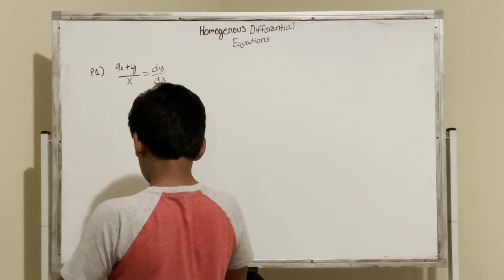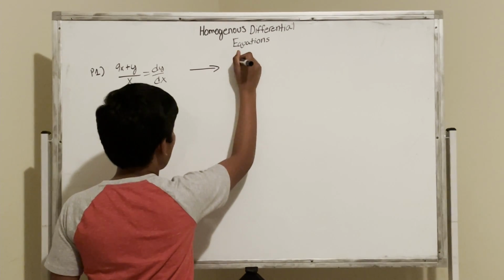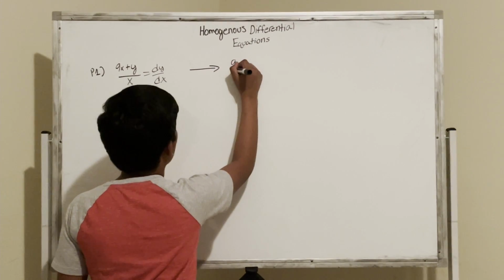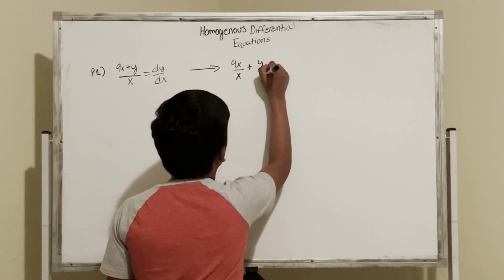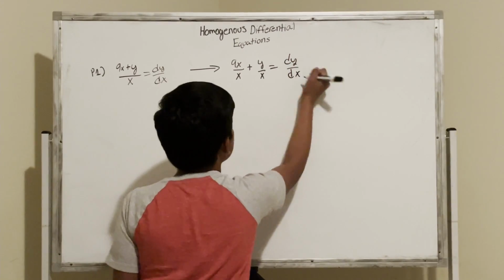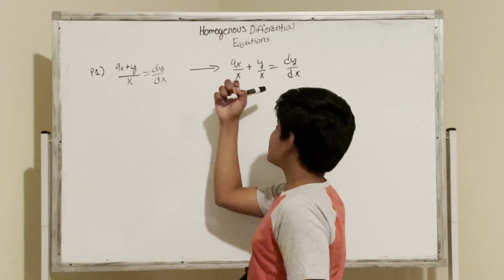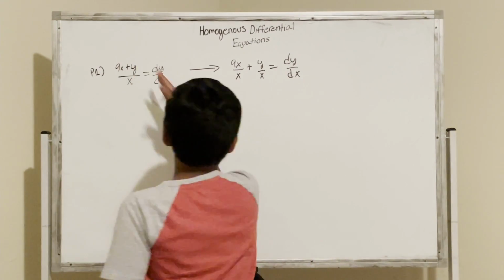So what we can do is state that 9x over x plus y over x is equal to dy over dx. This is exactly the same thing as before, except we just put the x's over there.